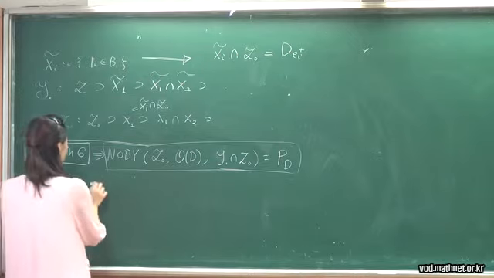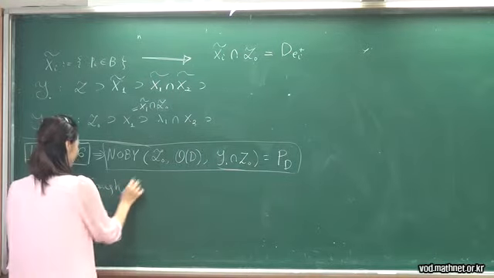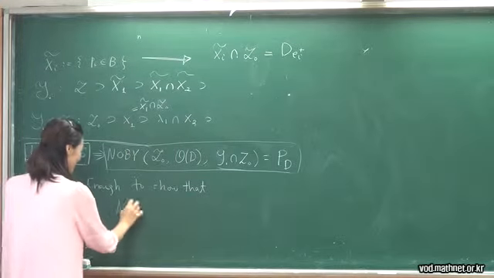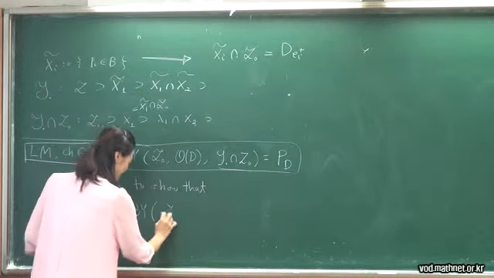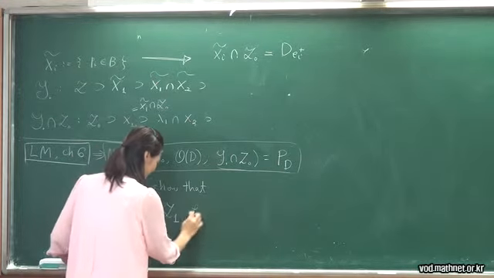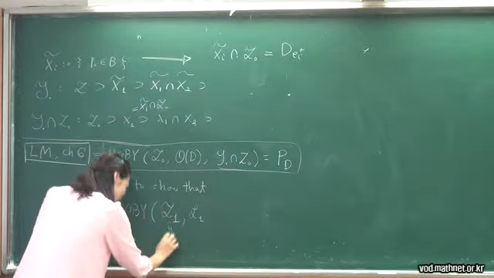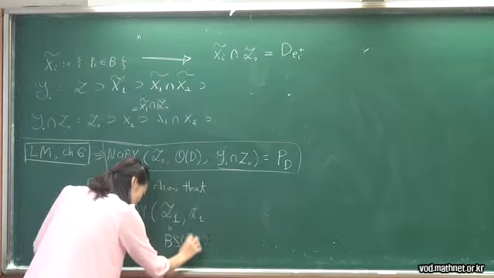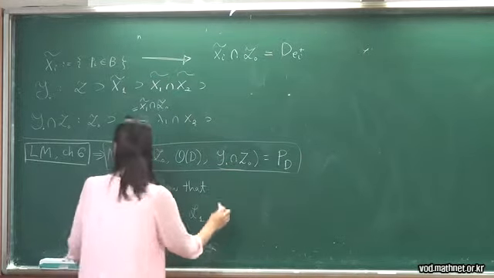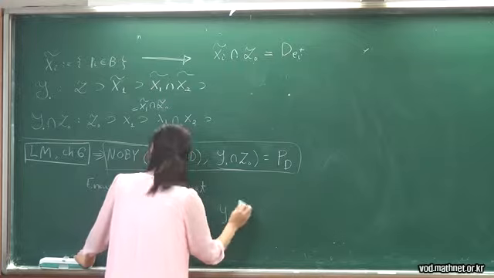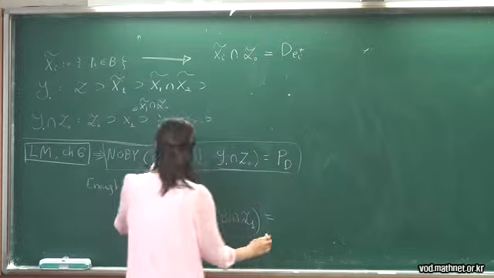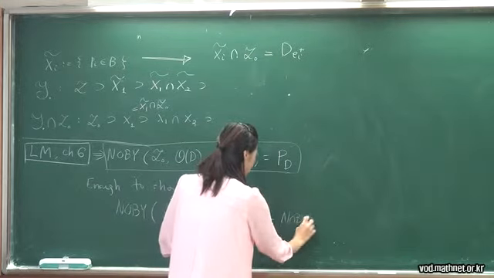Therefore, it is enough to show that the Newton-Okounkov body of our Bott-Samelson variety Z1 with our line bundle L1, with respect to this admissible flag, is actually equal to the Newton-Okounkov body of this toric variety.